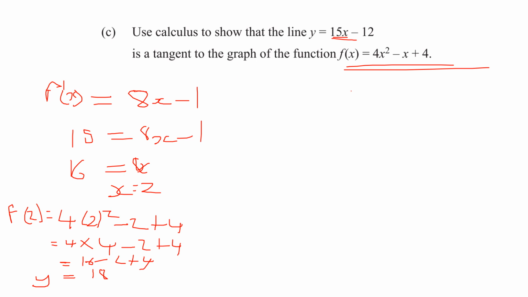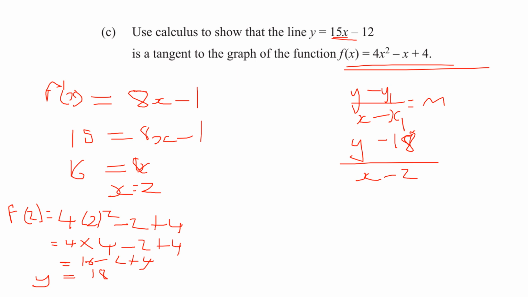And we know that y minus y1 over x minus x1 is equal to m. I think we've done this a lot, right? So y minus 18 over x minus 2 is equal to 15.